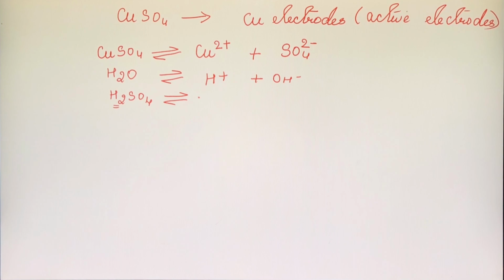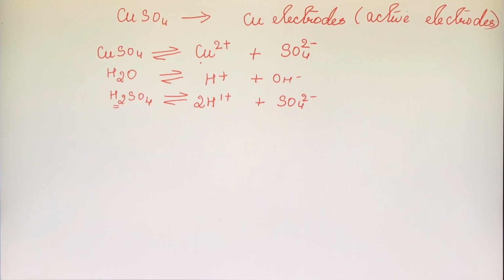As you can see in the reaction, 2H. Yes or no? Here you have H2. Write it. When it decomposes, it will give you 2H+. Clear? Plus, it is again going to give me which anion? SO4 2-.